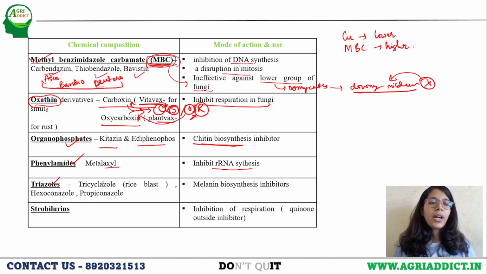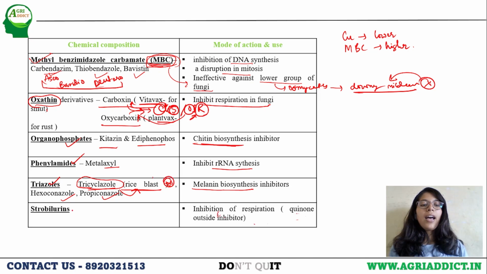The triazole group has tricyclazole, hexaconazole, and propiconazole, and they inhibit the melanin biosynthesis pathway. Tricyclazole is often used for protection against rice blast. You remember this. And the strobilurin group inhibits the process of respiration.